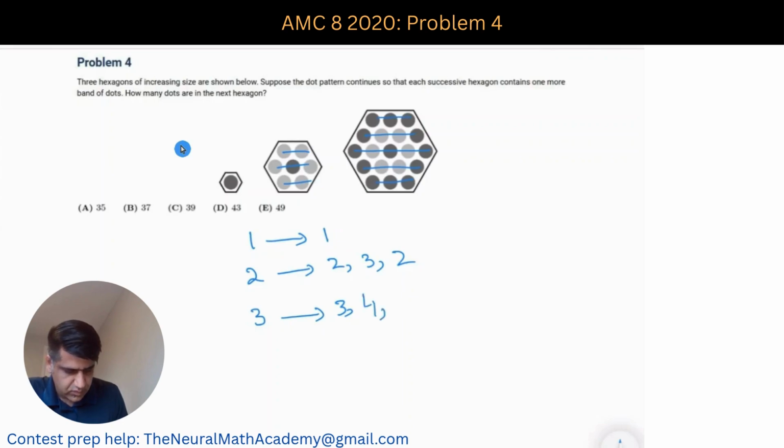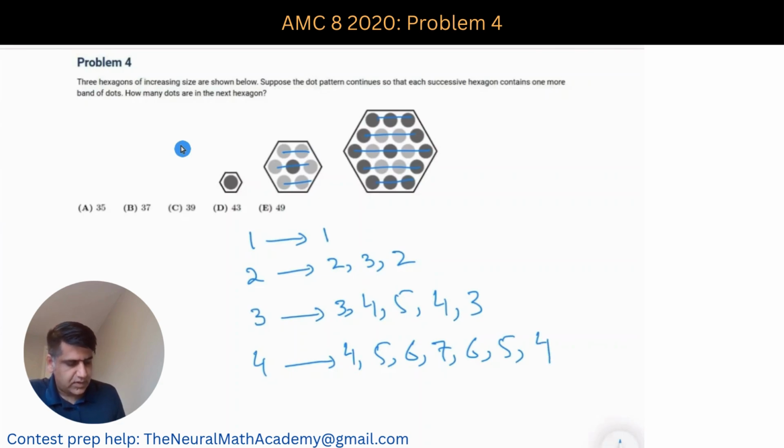If we take the next hexagon, hexagon 4, then it would be 4, 5, 6, 7, and then 6, 5, and 4.